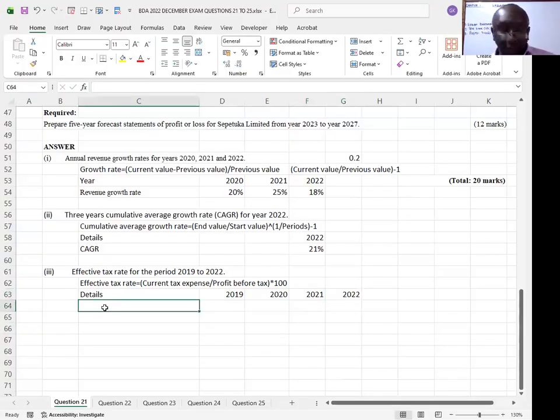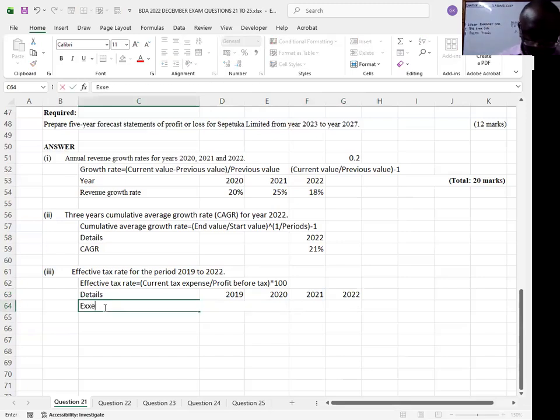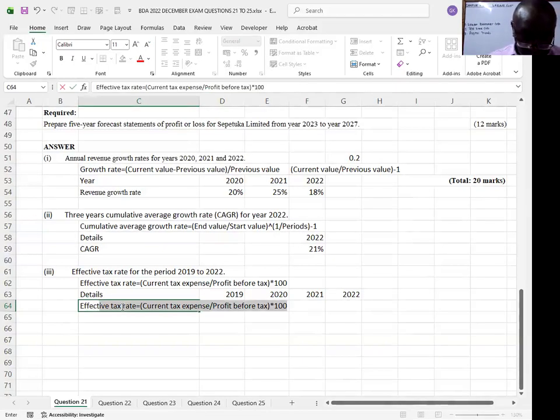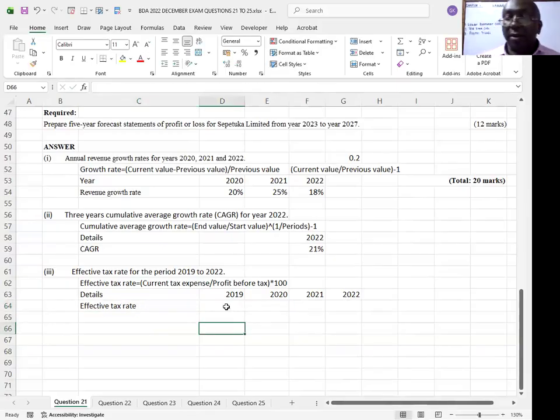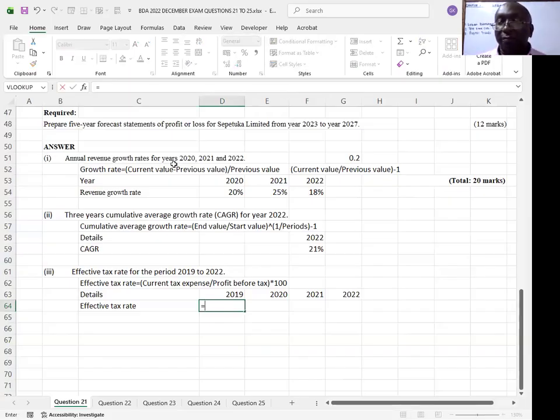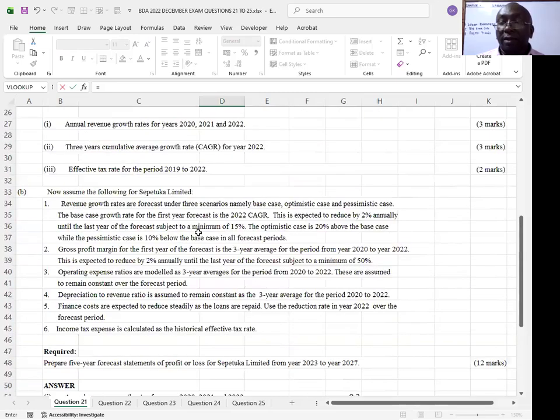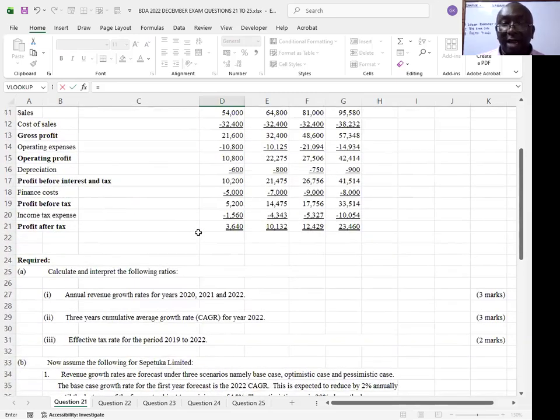Yeah, so now here we come and get the effective tax rate in 2019, you say equals, you come and get the tax.